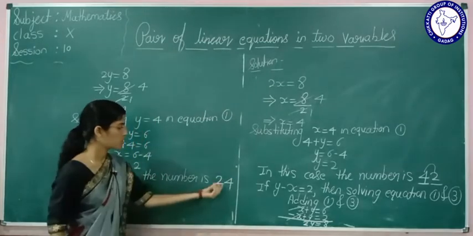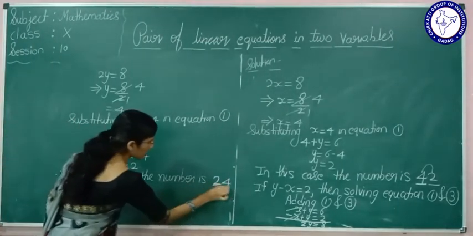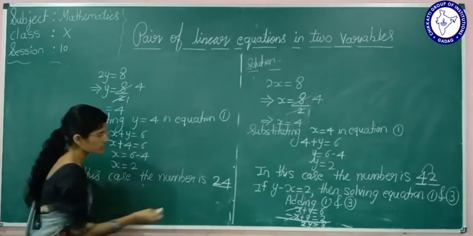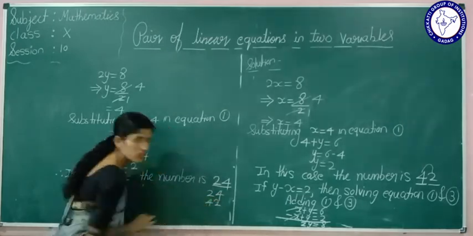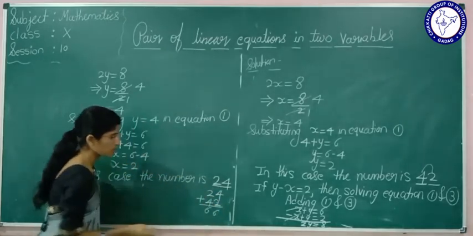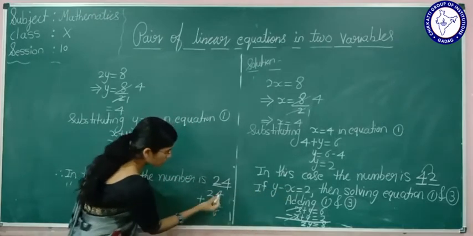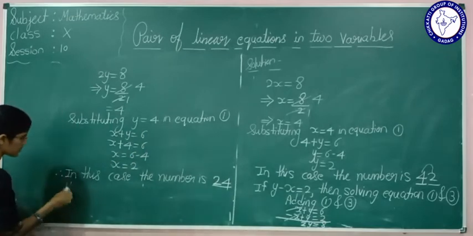Now see, in this case, the number we got is 24. Reverse this number, it is 42. 24 plus 42 is 66. Now y minus x is 2. 4 minus 2 is 2. Okay. Hence, how many numbers did we get?